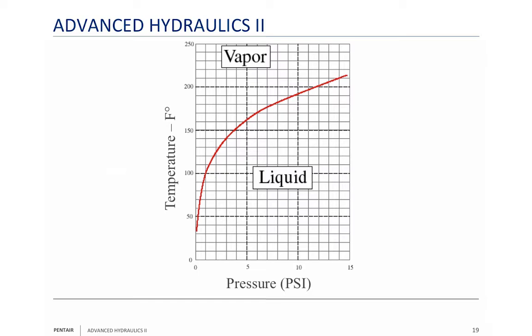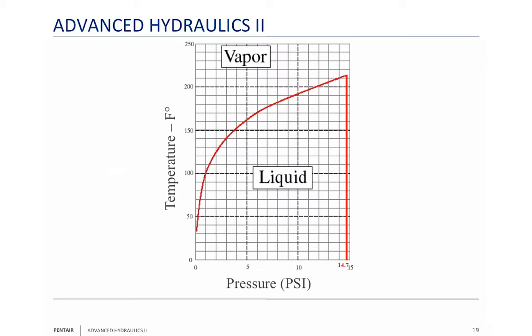Now, the reason for that is because everything below that line is a liquid, everything above that line is a vapor. If I go out to the very end of the line and draw a line right straight down, my guess is going to be 14.7 psi.